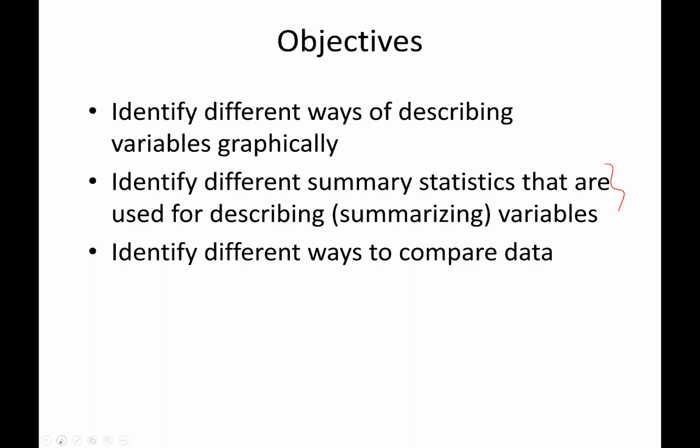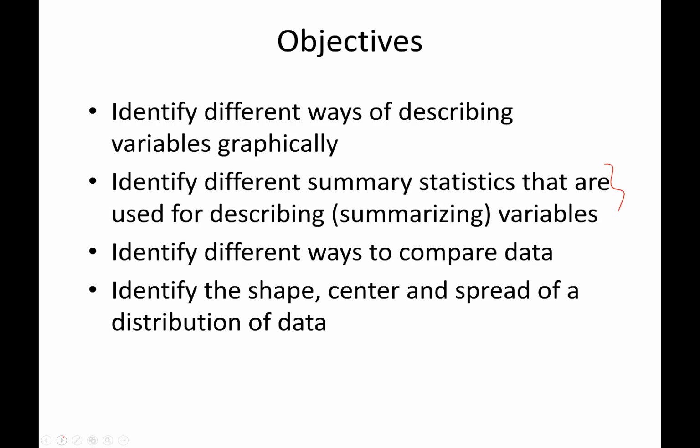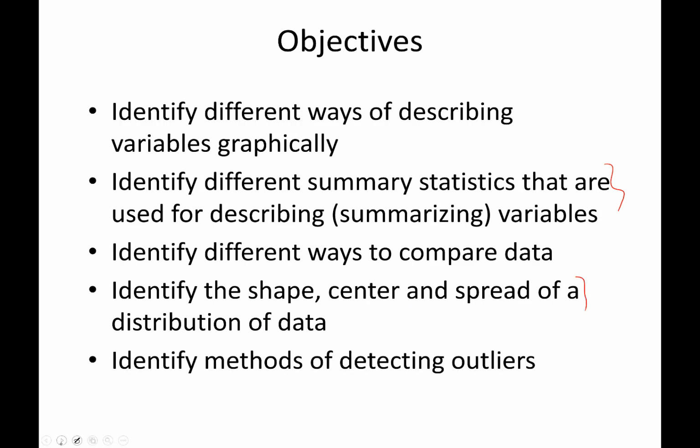What measures should I use? And then really identify what we call the shape, center, and spread of a distribution of data. These are important summary statistics, especially when we're just looking at one variable. Also important is that we want to identify methods of detecting outliers. It's always important that we examine our data set to see if there are outliers or not.